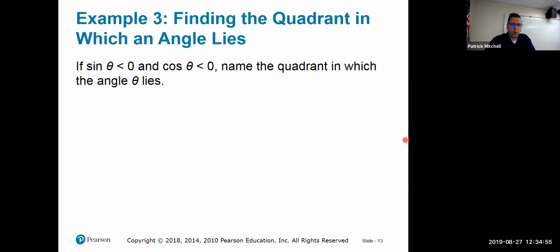Students means in quadrant 2, the sine is positive, so it's not that one. However, in quadrant 3, out of sine, cosine, and tangent, only the tangent is positive. All students take. All right, the tangent is positive, the sine and the cosine are negative. So they must be talking about quadrant 3.